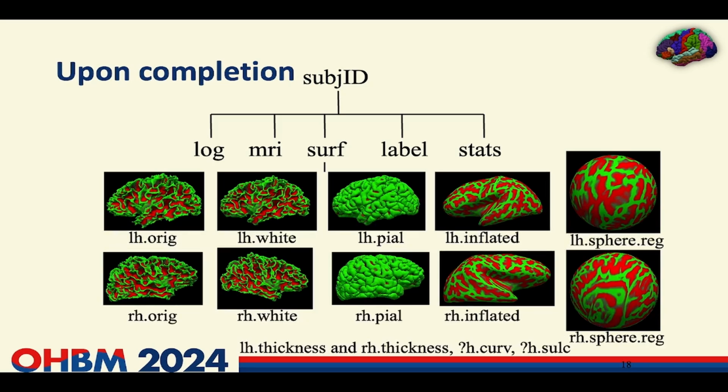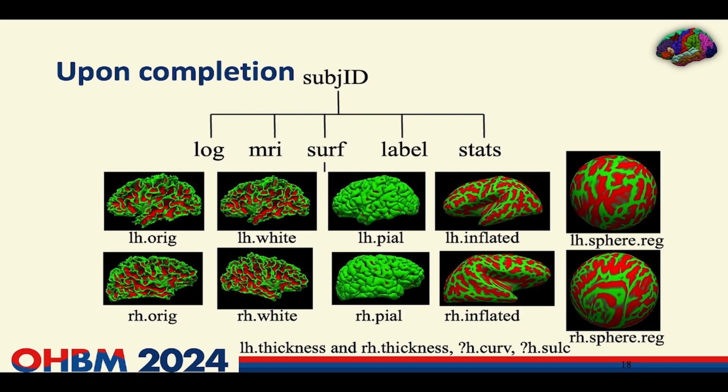So upon completion of the pipeline, I mentioned that your surface directory is going to be filled by various different surface representations. Here we are processing left and right hemisphere separately. So you have the original surface, the white matter surface, the PL surface, and the inflated surface. If you imagine the little cow that was being inflated, we usually talk about a paper bag that gets scrunched up, and then you blow air into it.